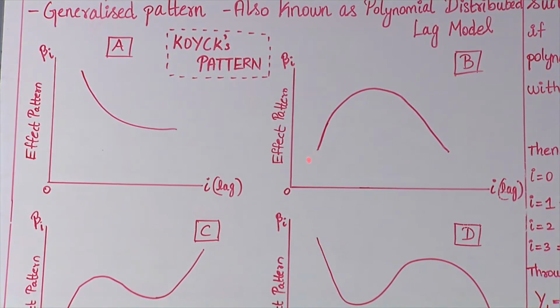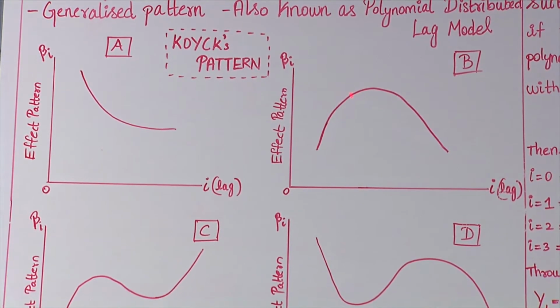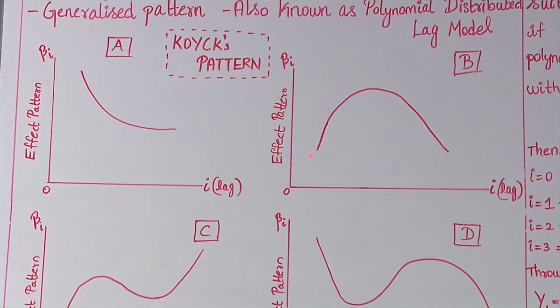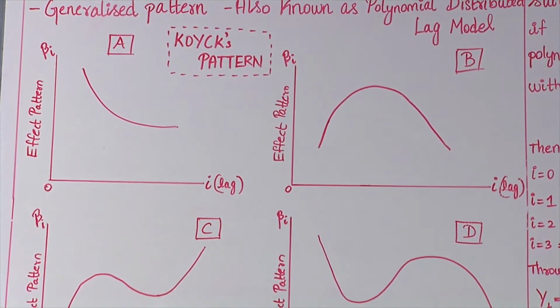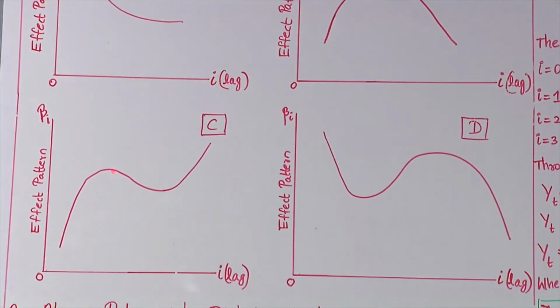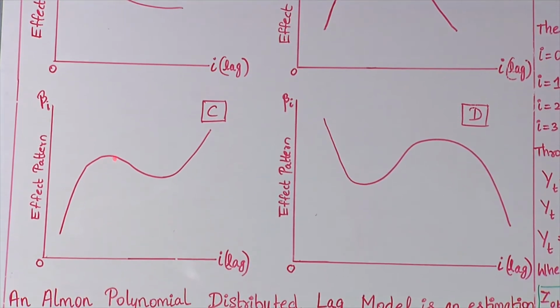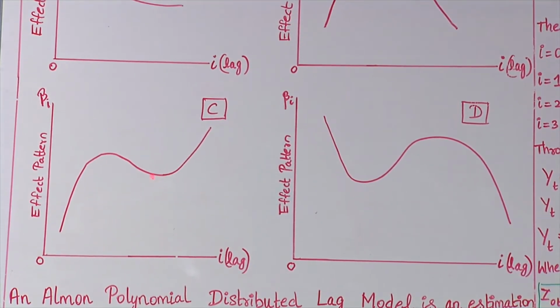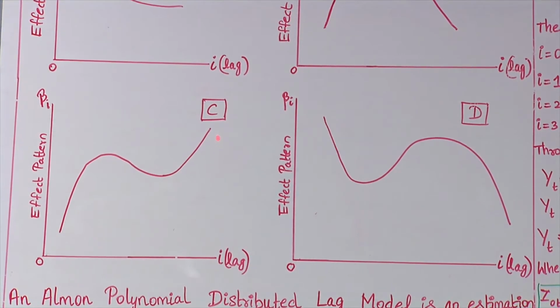Other effect patterns are like the one you are seeing in figure B. In this, the effect first increases, reaches a zenith and starts to decline. If you consider the third figure, C, here the effect increases and reaches a point, then starts to decline, and it reaches another threshold point beyond which it starts to increase.